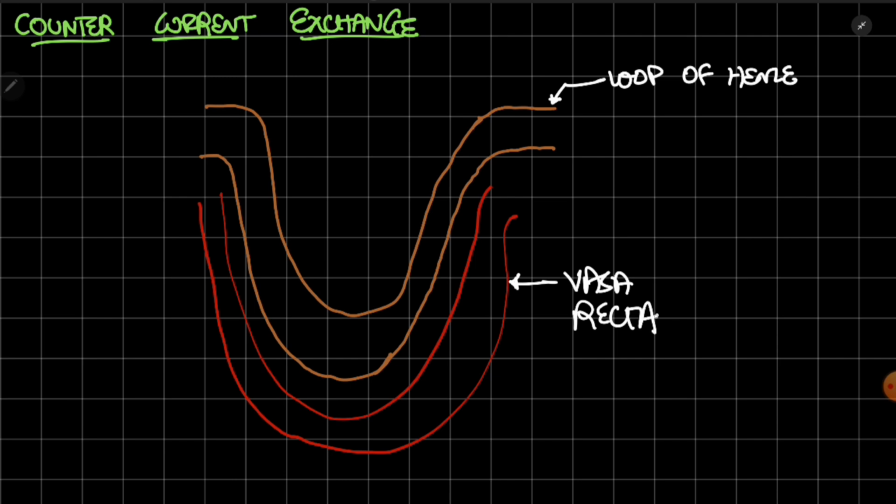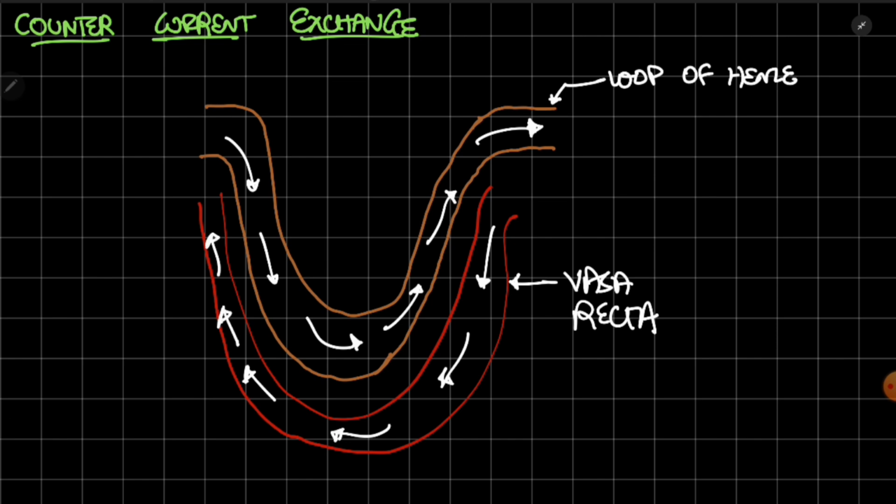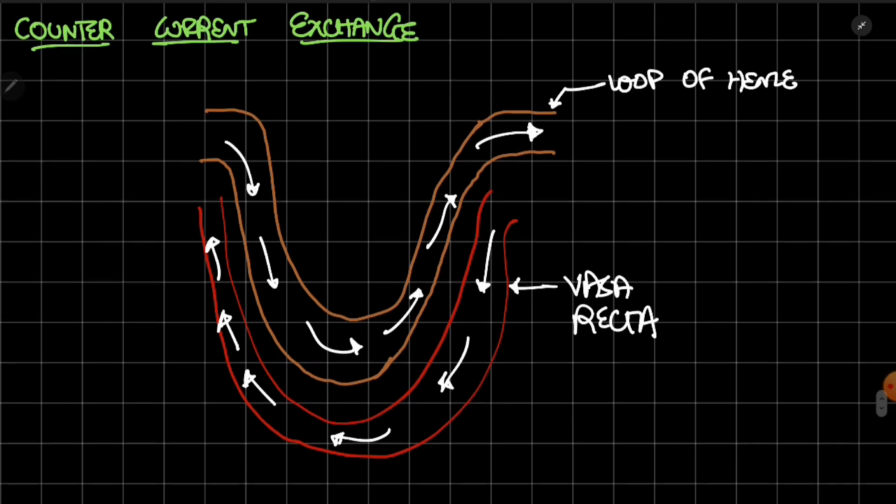The urine is coming like this, or the serum is coming like this and converting into urine, and the flow in the vasa recta is like this, the reverse flow. Now this was one concept, the flow of the loop of Henle and the flow of the vasa recta.